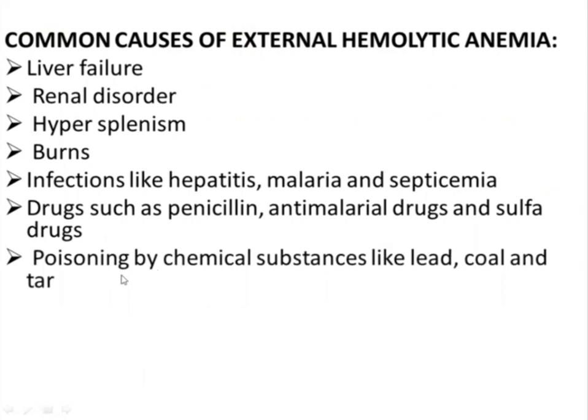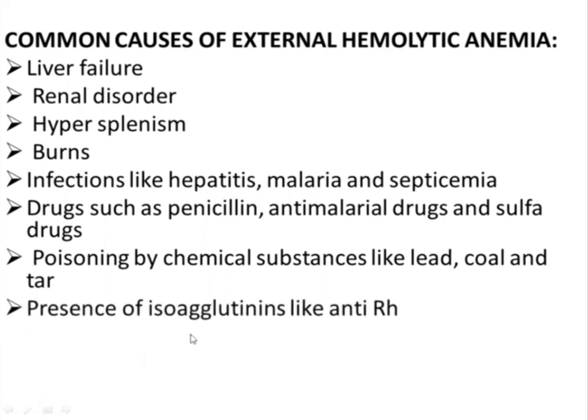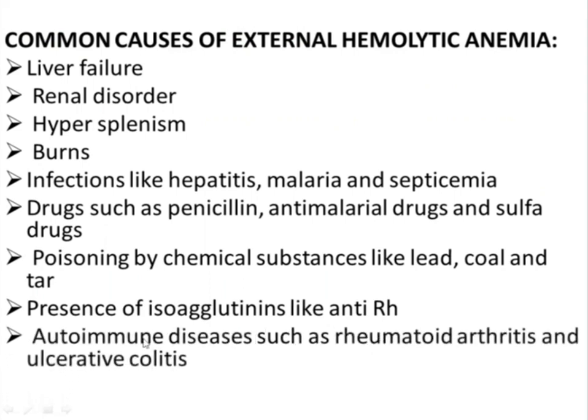Then poisoning by chemical substances like lead, coal, and tar. Then the presence of isoagglutinin like anti-Rh, right? Then the autoimmune diseases such as rheumatoid arthritis, ulcerative colitis. These are the causes of the external hemolytic anemia.